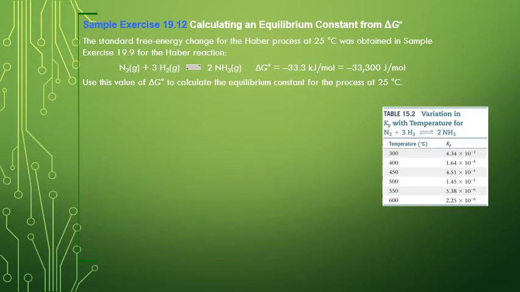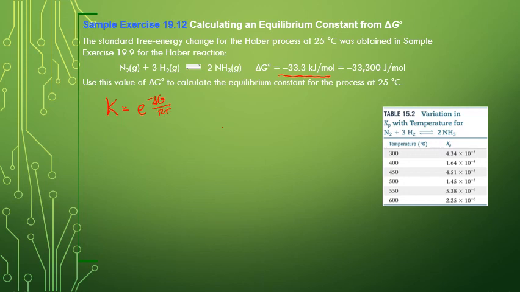All right, so I'm going to wrap this up with one problem calculating the equilibrium constant from that delta G value. If I look at the Haber process here at 25 degrees Celsius, we have N2 plus 3H2 forming 2NH3. They tell me the standard free energy is negative 33.3 kilojoules per mole. So I have a negative 33,300 joules per mole. To solve for K, I would take the value for e raised to the negative delta G divided by RT.